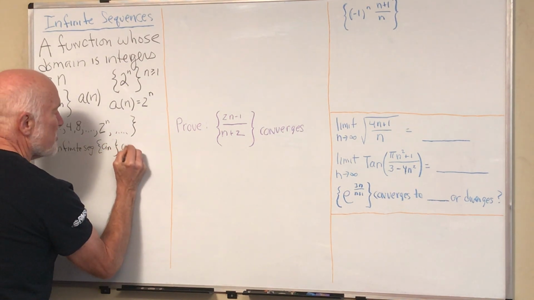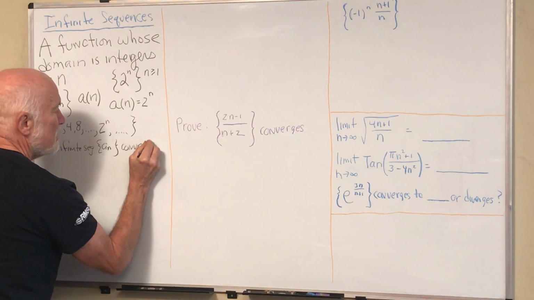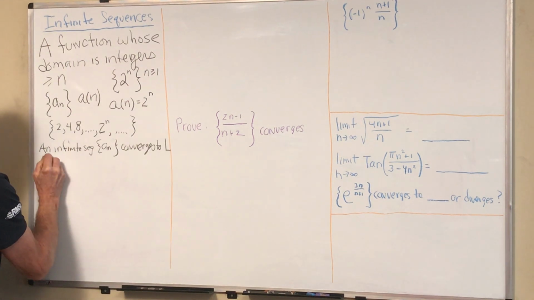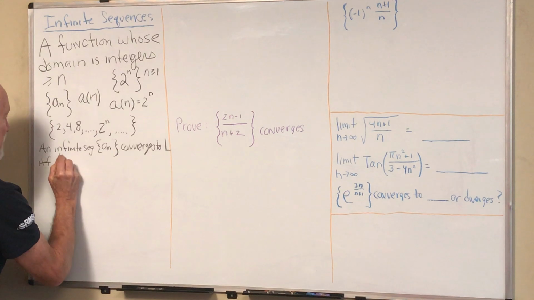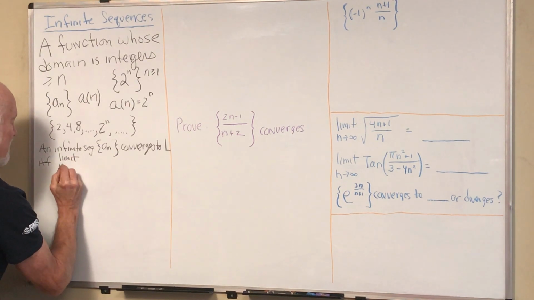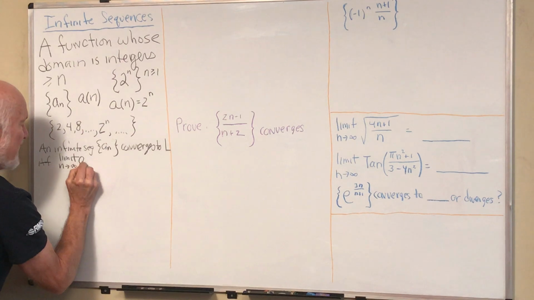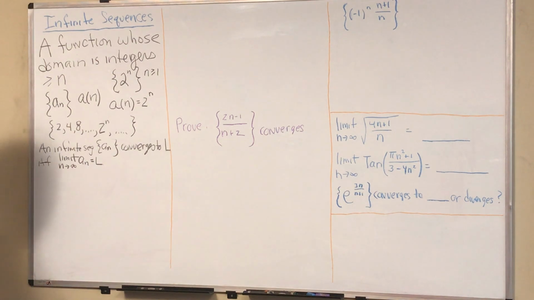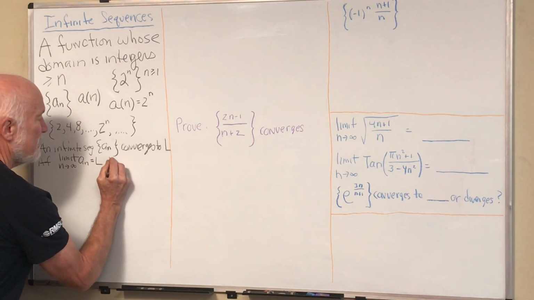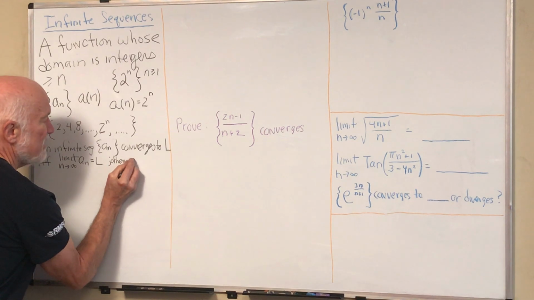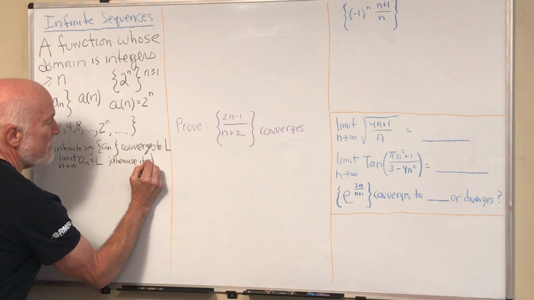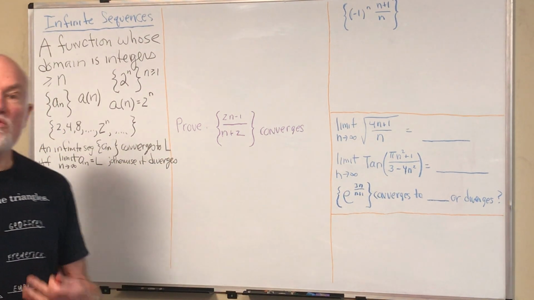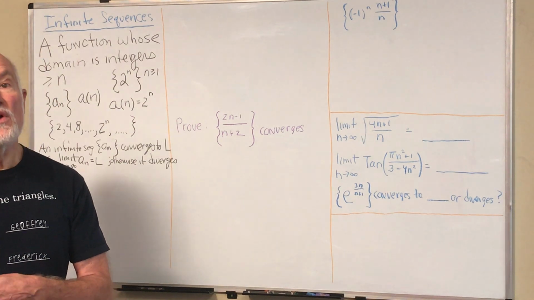We're going to say it converges to L if and only if the limit as n approaches infinity of the nth term of the sequence equals L. If it doesn't do that, otherwise it diverges. So we're going to have an infinite sequence that either converges to a number or it diverges.